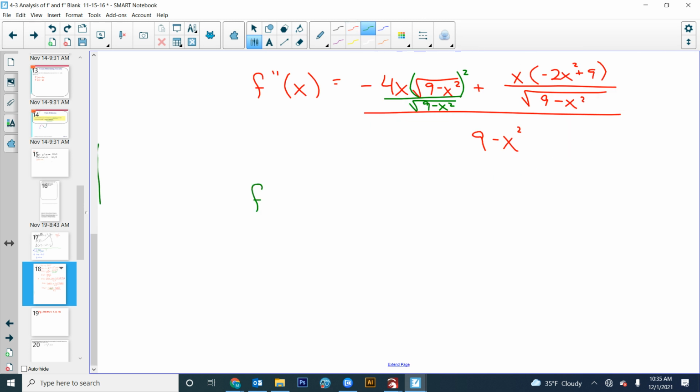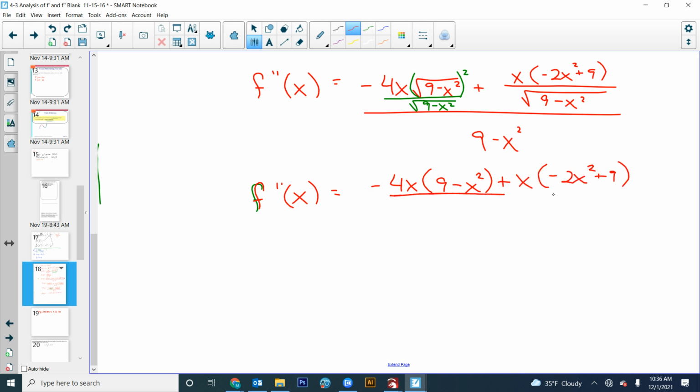We have f double prime is negative 4x times 9 minus x squared plus x times negative 2x squared plus 9, all over the new common denominator of square root of 9 minus x squared, all over the square root of, no, just 9 minus x squared, no square root.